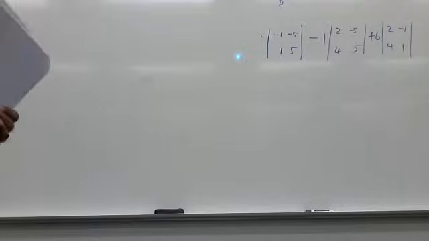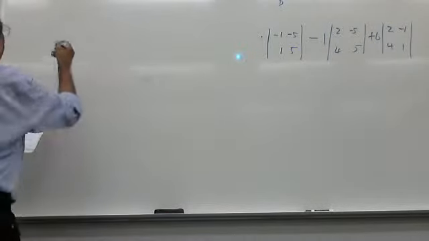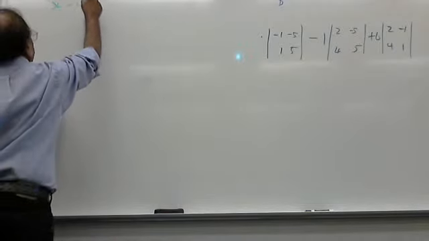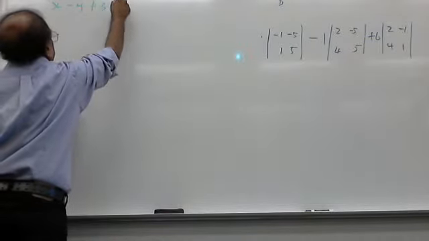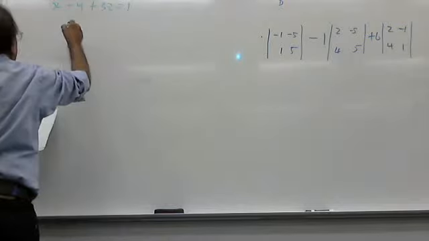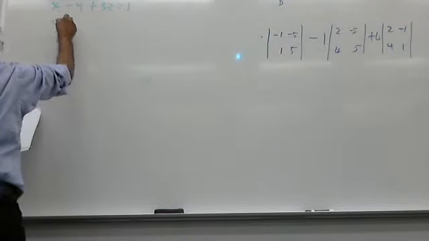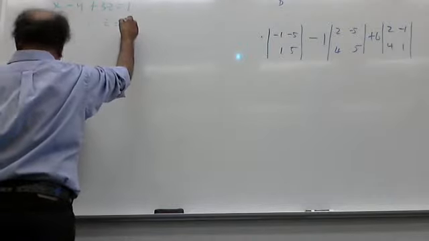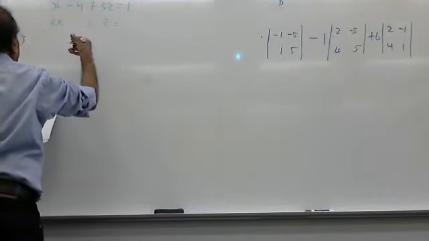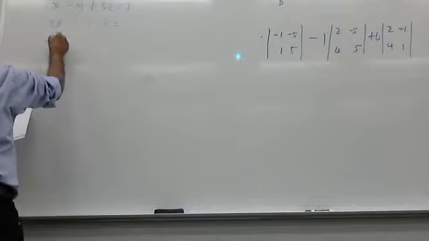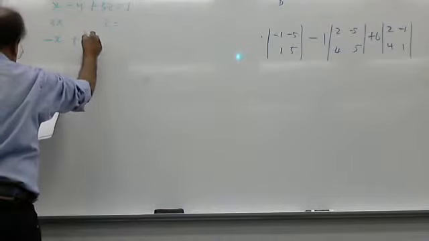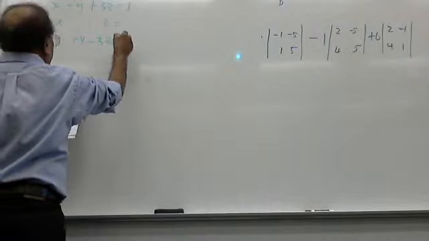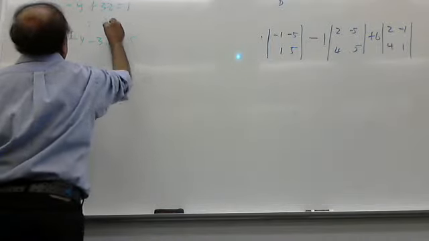I have one here which I'll put up on the board. x minus y plus 3z equal to 1. 3x plus z equal to 0. And minus x plus y minus 3z equal to minus 5.